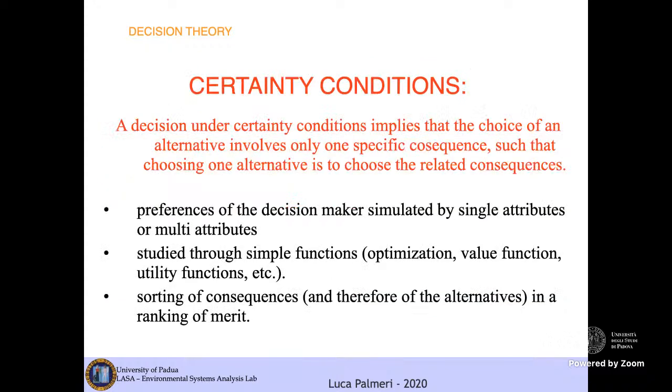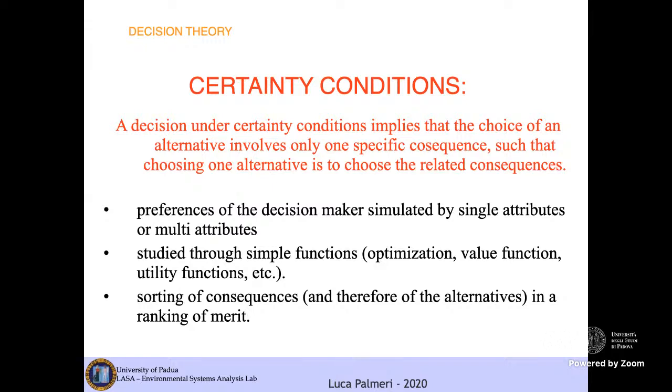A decision under certainty conditions implies that the choice of an alternative involves only one specific consequence. So there is a kind of univocal correspondence between the alternatives and the consequences, such that choosing an alternative automatically implies choosing the related consequence. The preferences of a decision maker are simulated generally by single attributes or sometimes by multiple attributes.